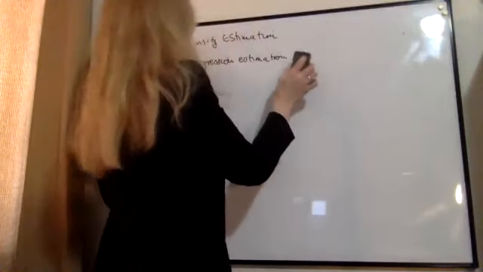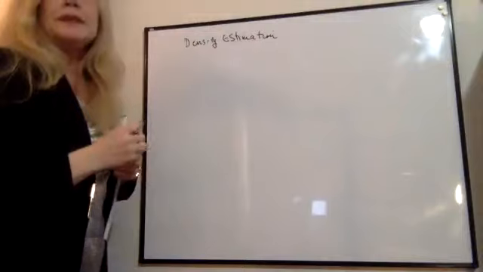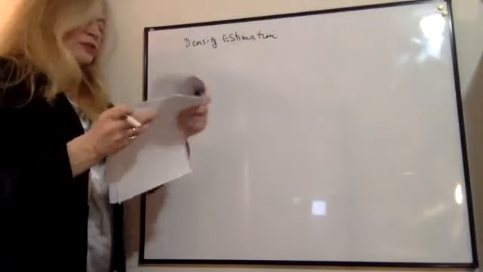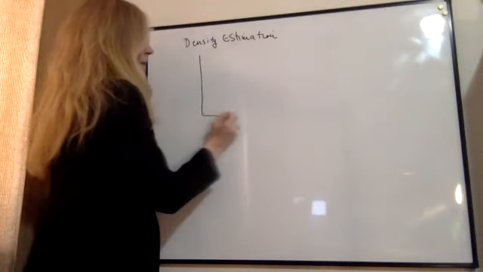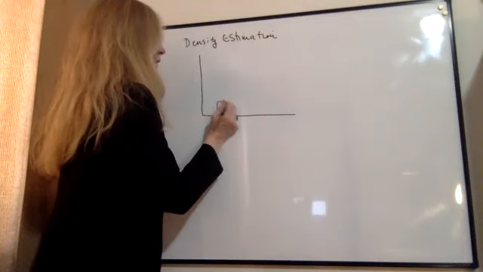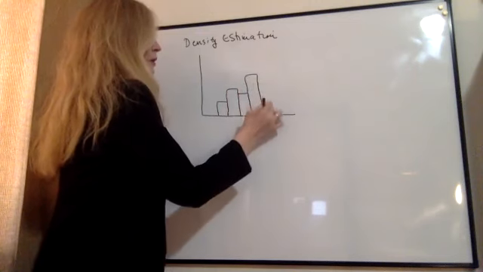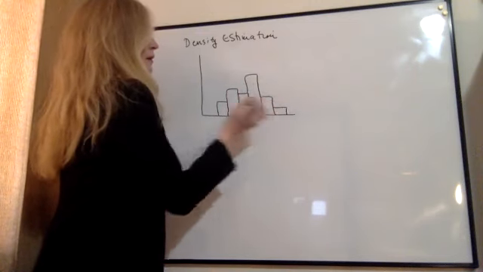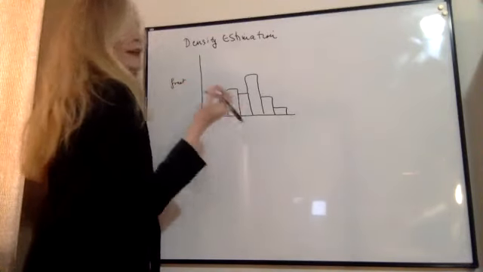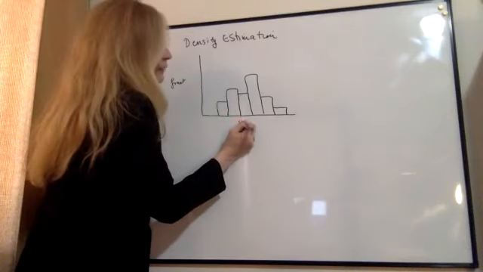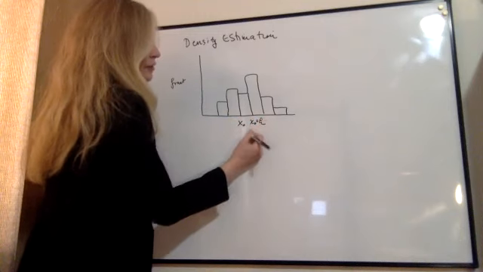Okay. All right, so density estimation. The simplest non-parametric density estimator, I'm sure you've already used, okay? And that's the histogram. You probably did not realize you were using a non-parametric density estimator. So when you do the histogram, this gives you the fraction of observations that falls within a bin. Okay, and we'll say that the bin starts at x naught and it ends at x naught plus h.